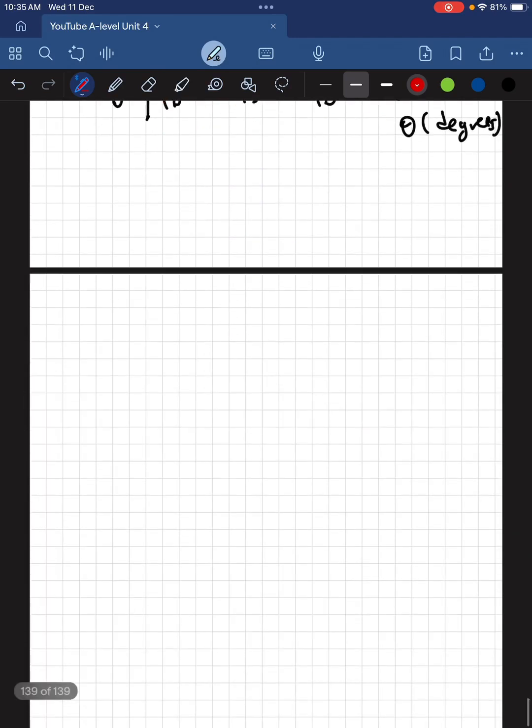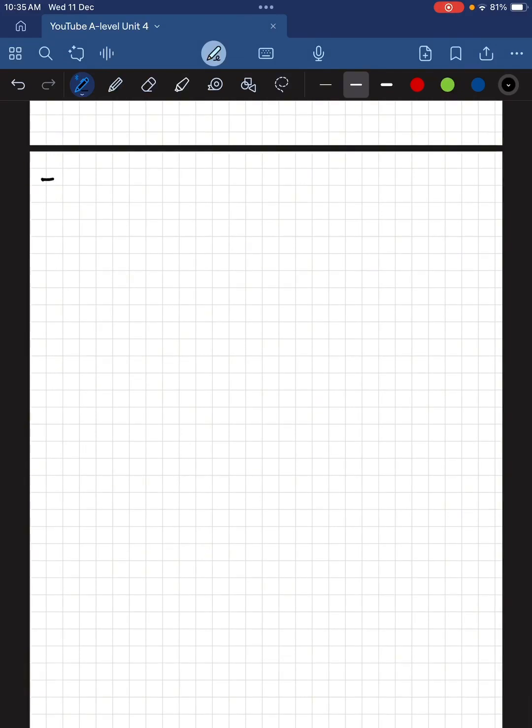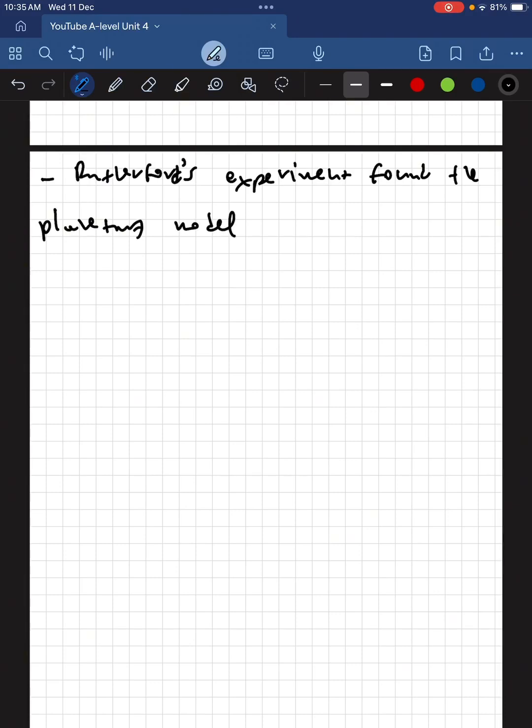So the overall conclusion from Rutherford's experiments is that Rutherford's experiment found the planetary model of the atom.